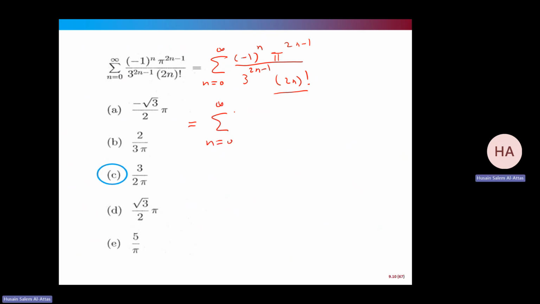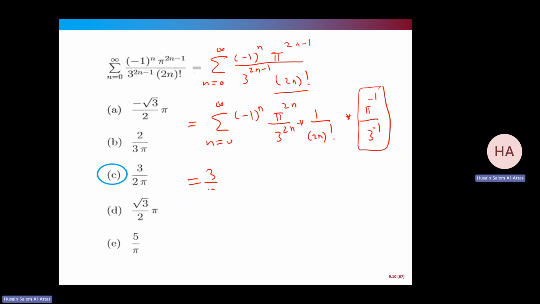The numbers I can throw away. This is pi to the power 2n over 3 to the power 2n, times 1 over 2n factorial. What's the remaining? I have pi to the minus 1 over 3 to the minus 1. This is just a number. I can throw it away. That will be 3 over pi, times this summation.